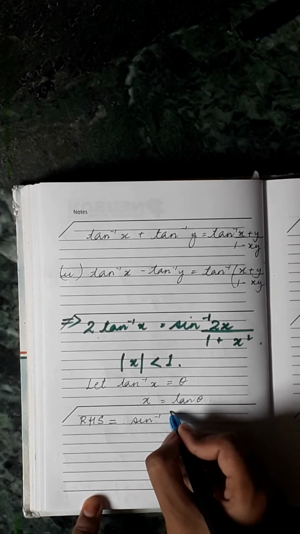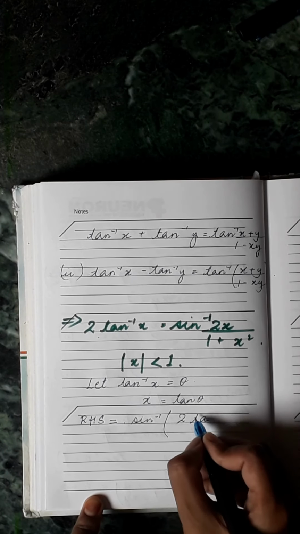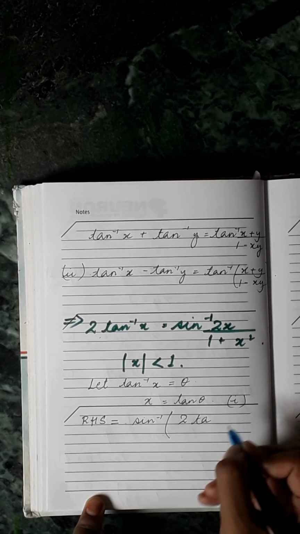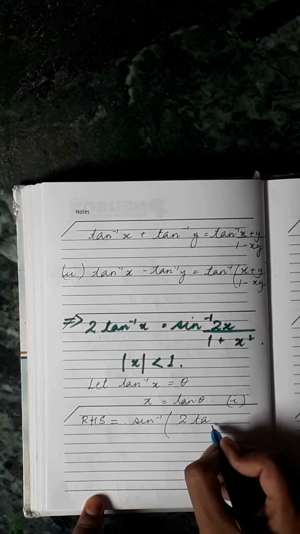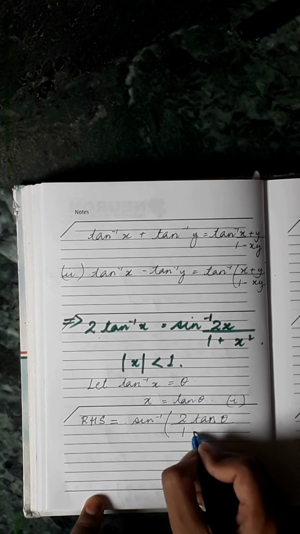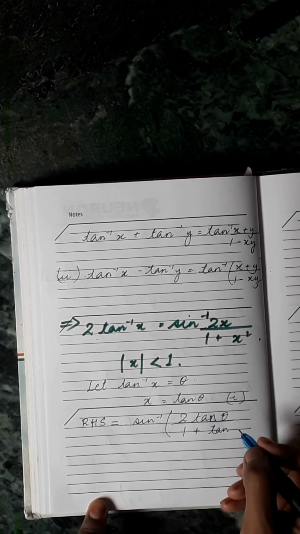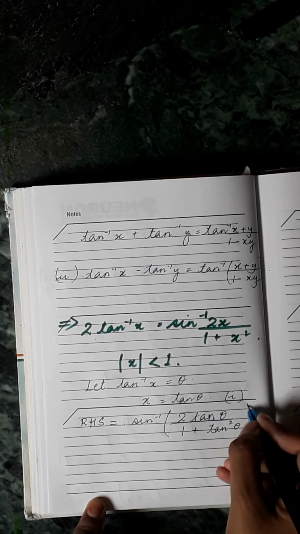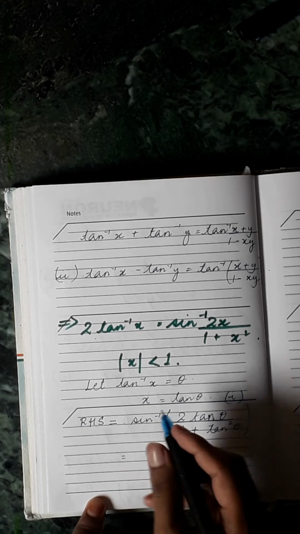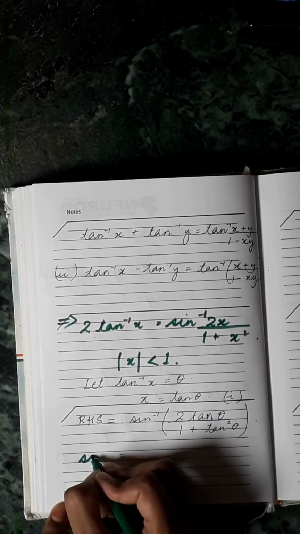Now sine inverse inside, what is it? In place of x, you have to write tan theta: 2 tan theta upon, again in place of x you have to write tan theta. So here you have x square, so it is tan square theta. So now have you remembered what is this? It is the formula of sine 2 theta.